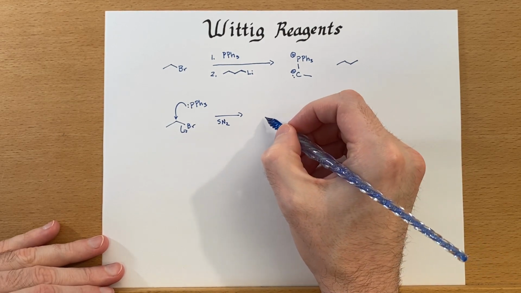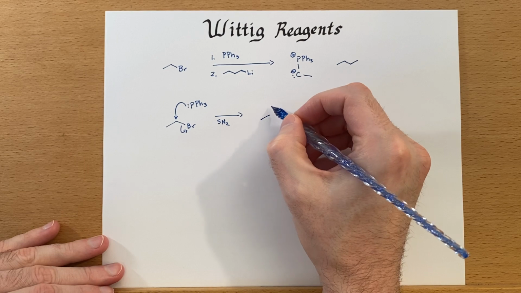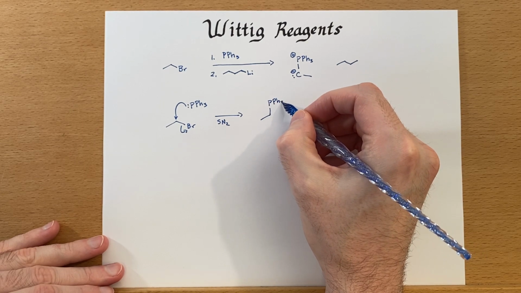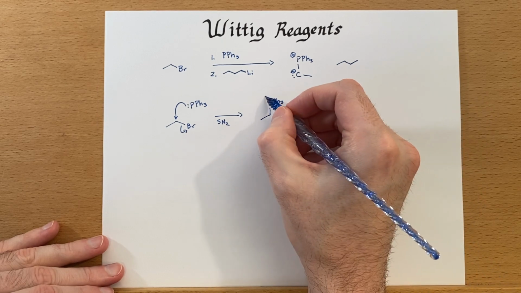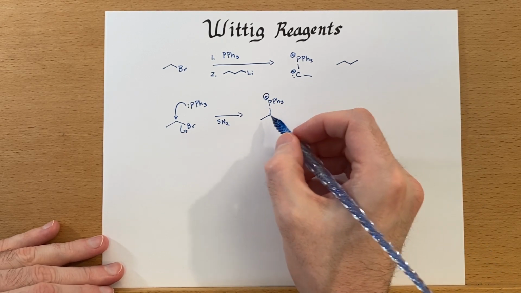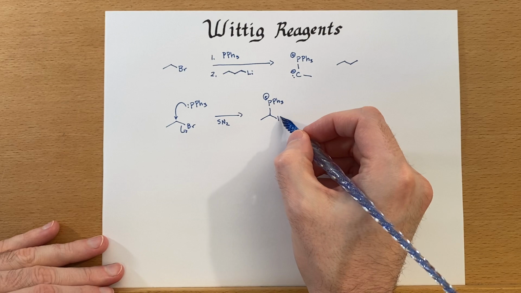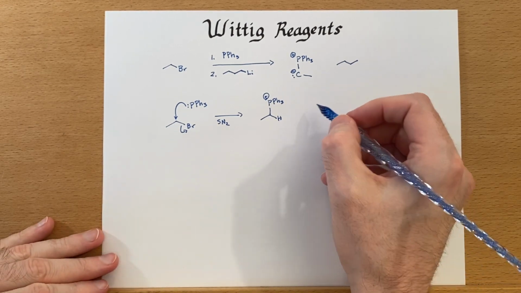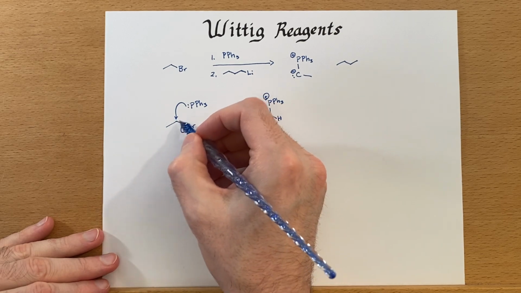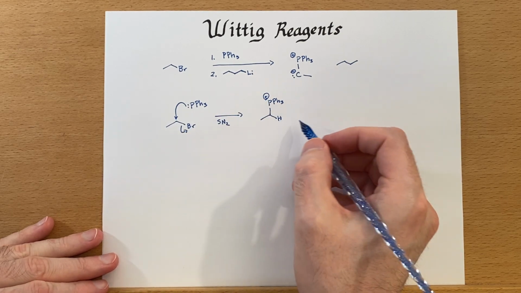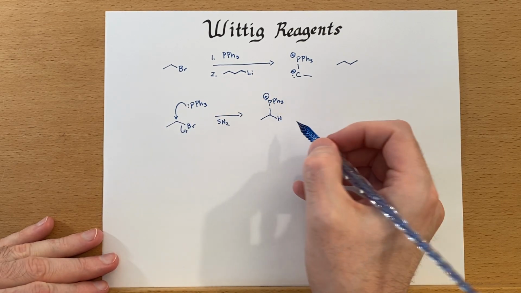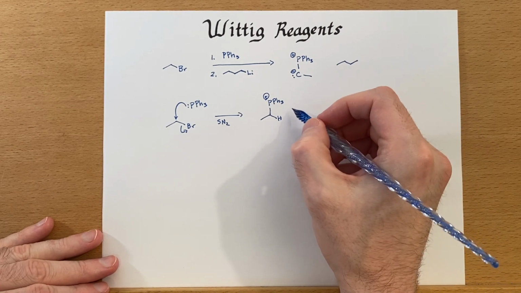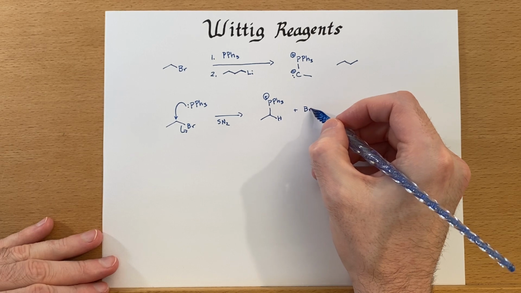And then what we'll generate here is this, which is almost the Wittig reagent, but not quite, right? Next, I've gone ahead and drawn in one of the hydrogens that's present on here. There's 2, but I only need to have 1 drawn for this.